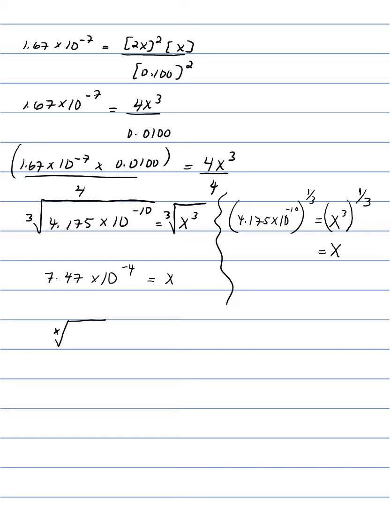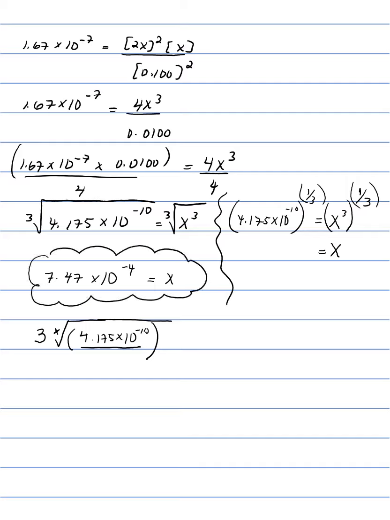Since it's the cubic root, you have to put 3 followed by that, and in here you're going to put your number, 4.175 times 10 to the minus 10. Put that number in parentheses. If you're doing the exponent 1/3, put that exponent also in parentheses just in case. You should get the same number. So now this is the value of x.